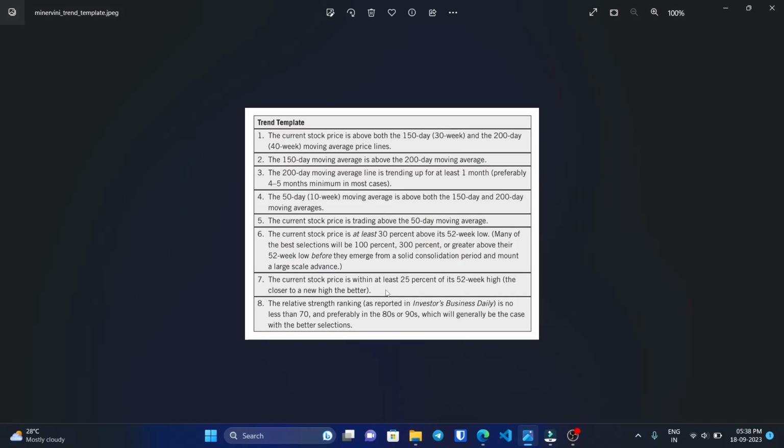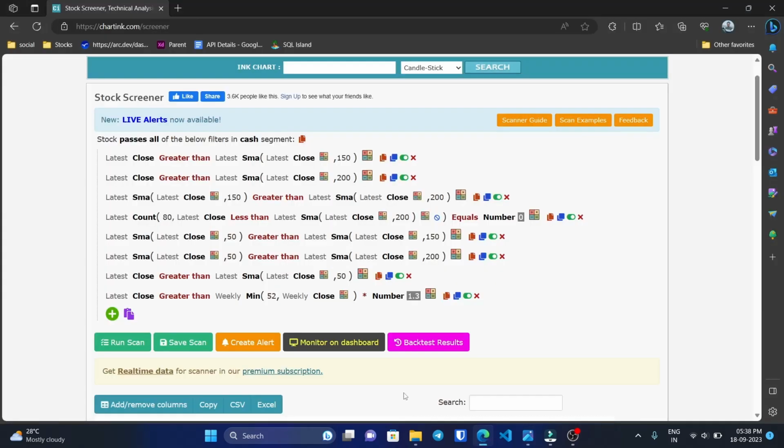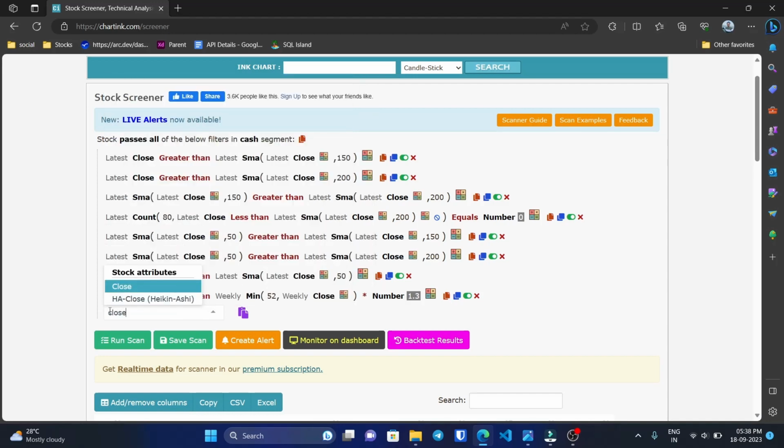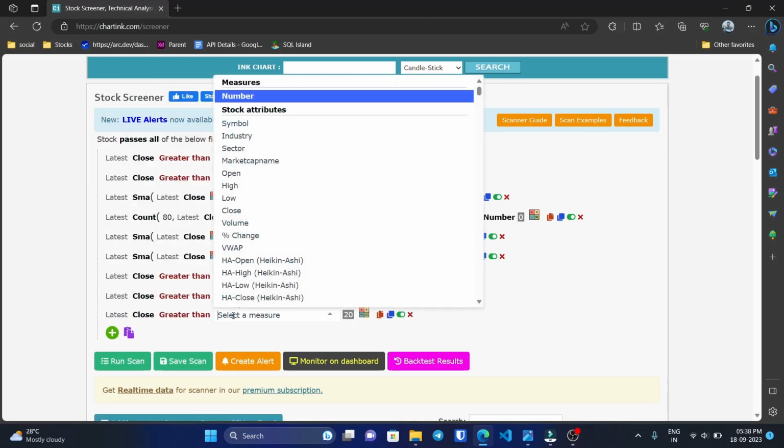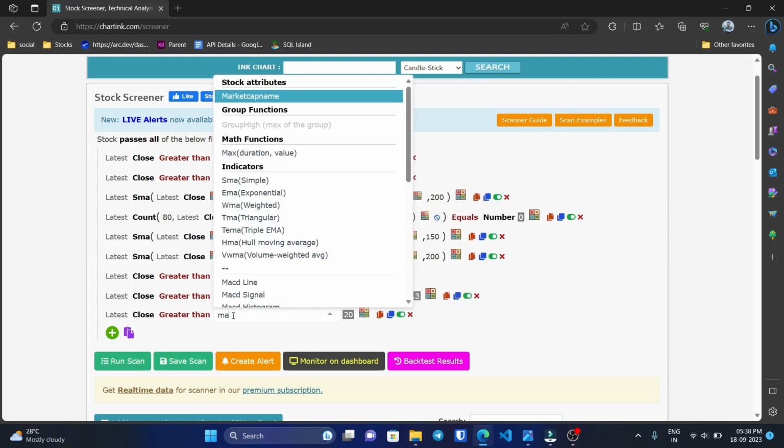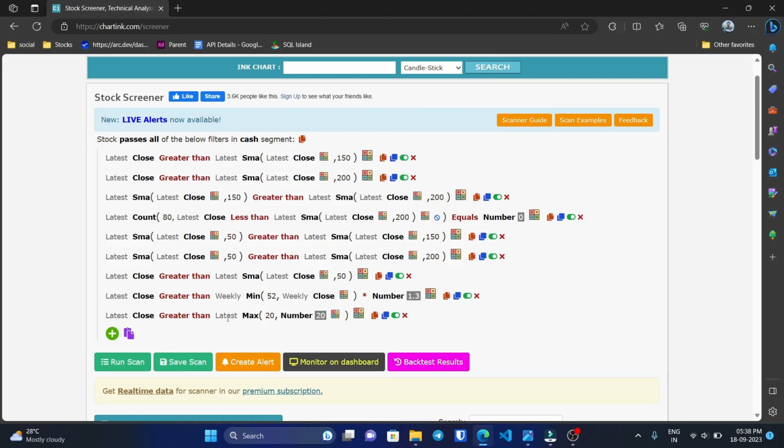Now we are going to our seventh condition, that is the current stock price is within at least 25% of its 52-week high. So now we'll add our filter here, that is close greater than. We need to get the 52-week high, so we need to add maximum here. Maximum of, we need to change to weekly, maximum of 52 weeks.